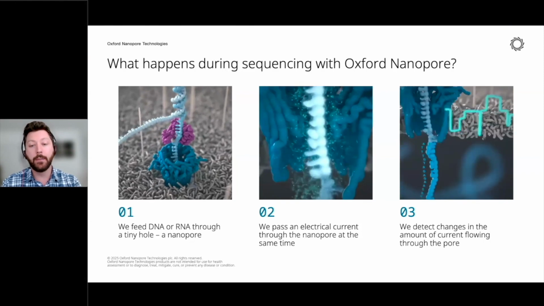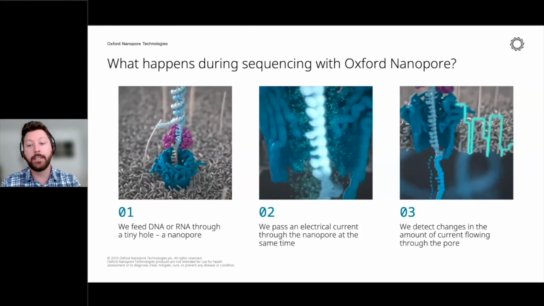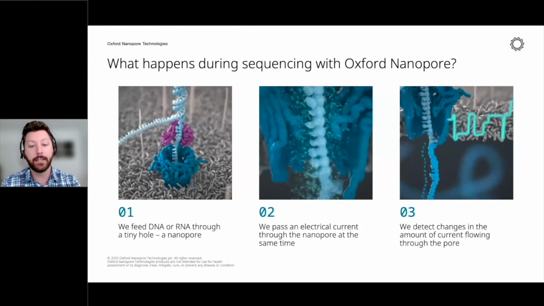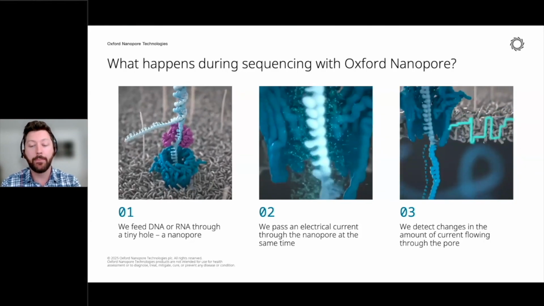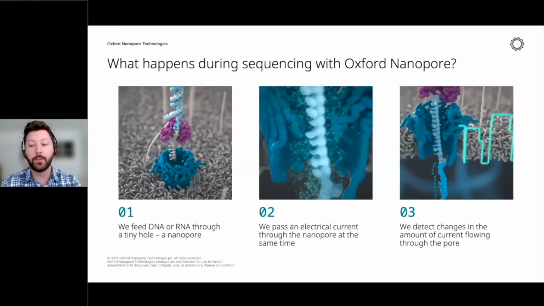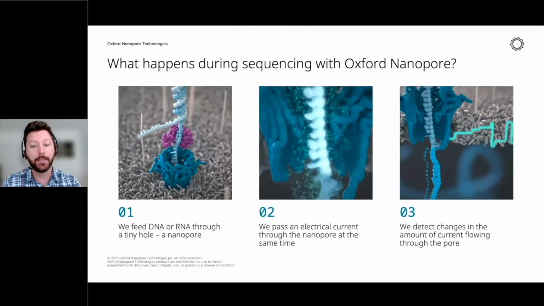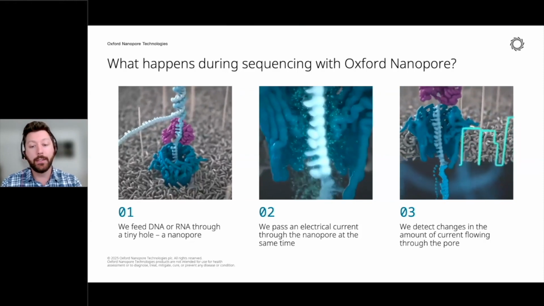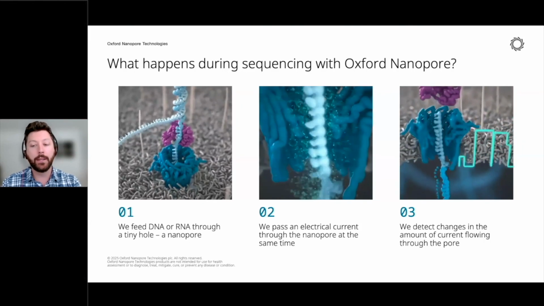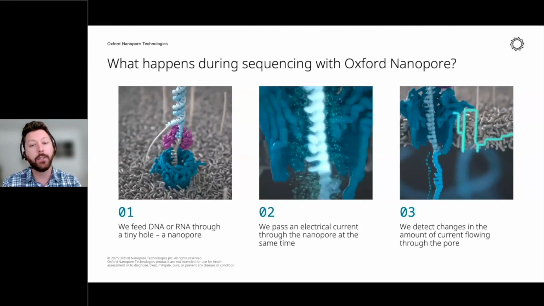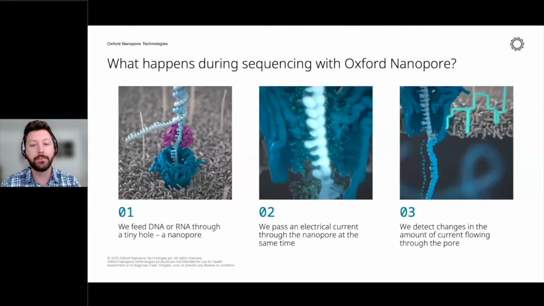As nucleotides pass through the pore, that current is disrupted and produces a distinct signal. We then detect these changes in the current in real time, and our software translates those raw signals into nucleotide sequences. Importantly, this approach means we're not using optics or amplification methods. We're directly sensing native molecules, including base modifications.